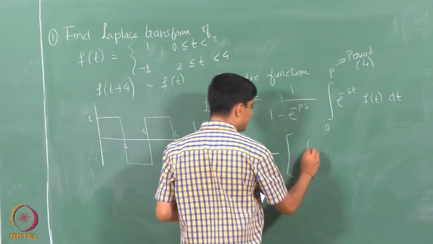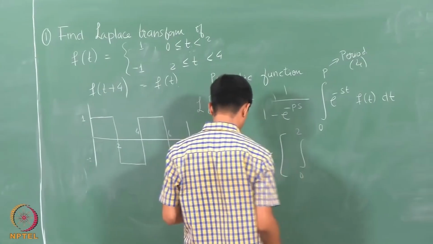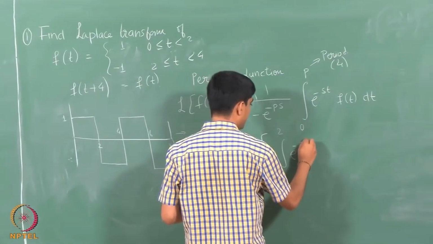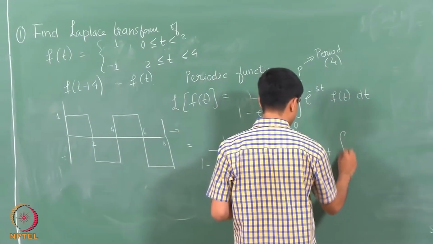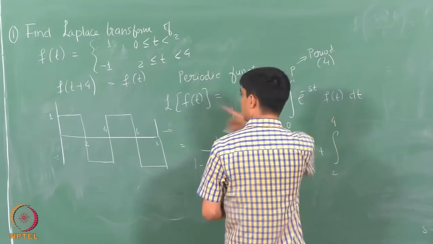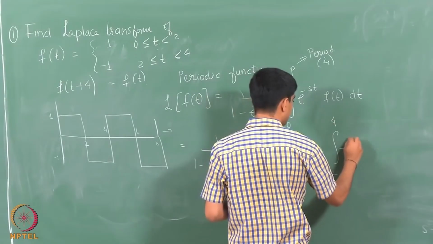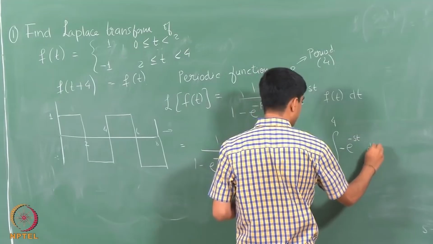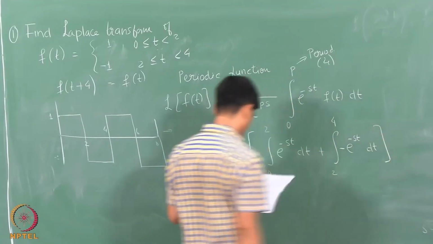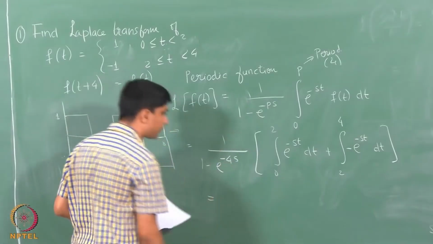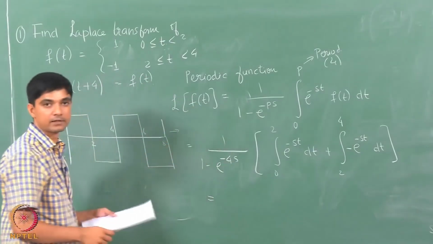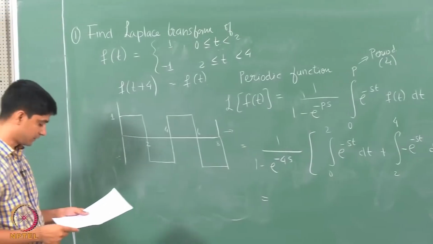So, I will integrate each individually, 0 to 2 e power minus st dt plus 2 to 4, it is a -1 there. So, this will be minus e power minus st dt. Okay. Then I just skip all the computations. This is a very straightforward integration which you learn very early in your high school.